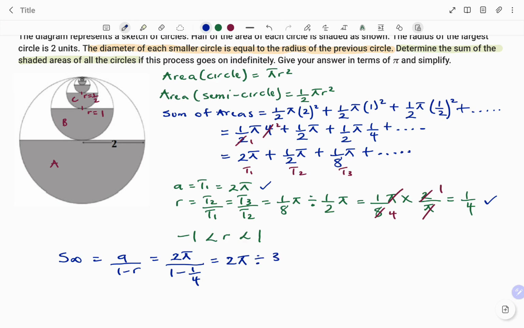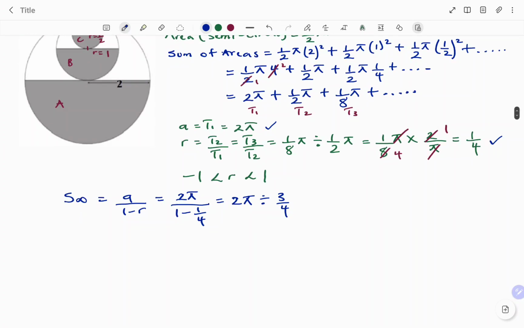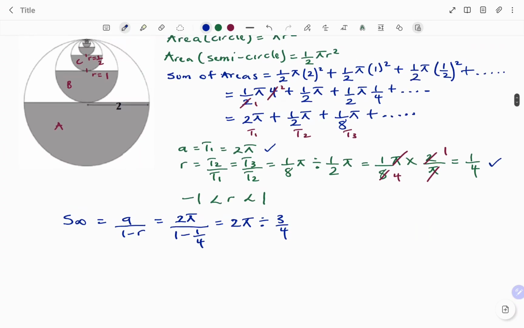That's 3 over 4. Therefore, I have that as S to infinity equals 2 pi times, using the fraction rule, I change my division to multiplication, and then I swap the fraction, so that's 4 over 3. Simplifying, therefore, my sum to infinity is equal to 4 times 2, 8 pi over 3 square units.